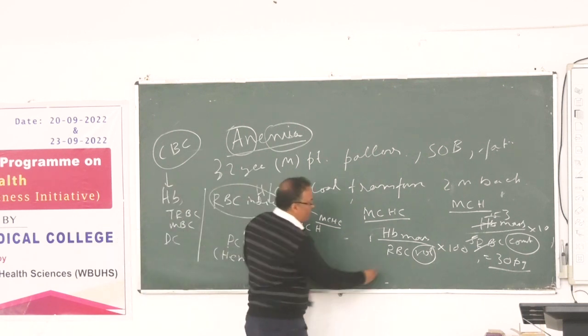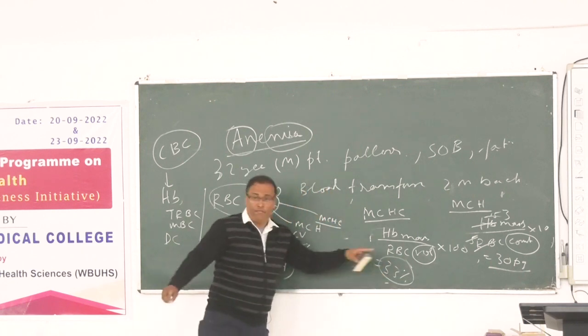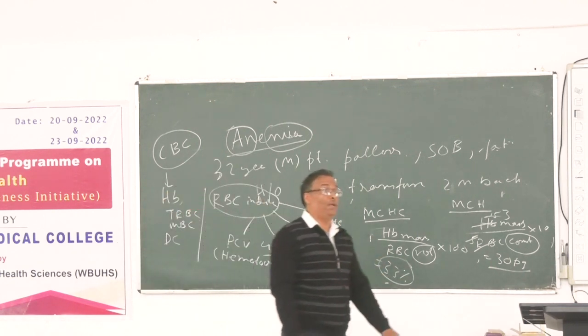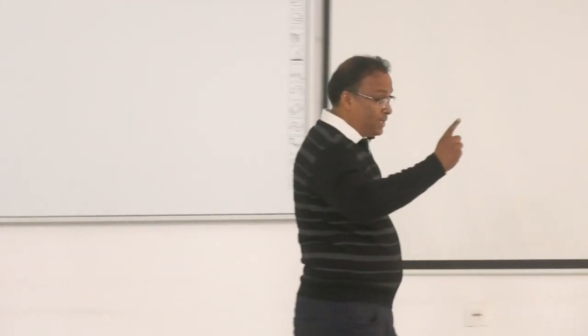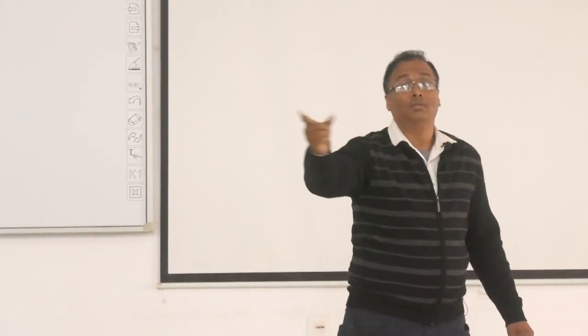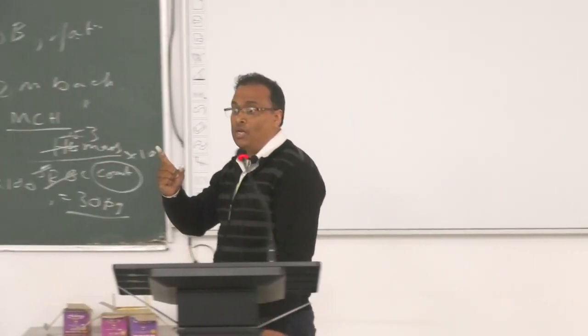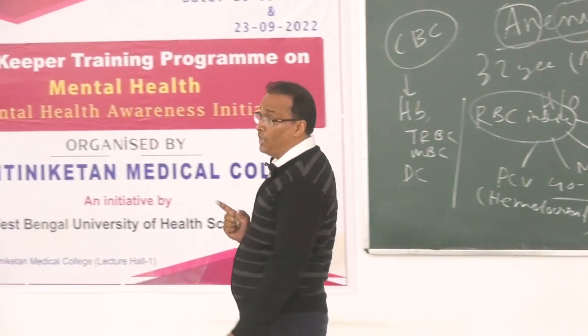And this calculation will come as 33%. And if any patient is above 33%, that is coming in 40%, 43%, always suspect hereditary spherocytosis. This is the only case where MCHC will be increased.